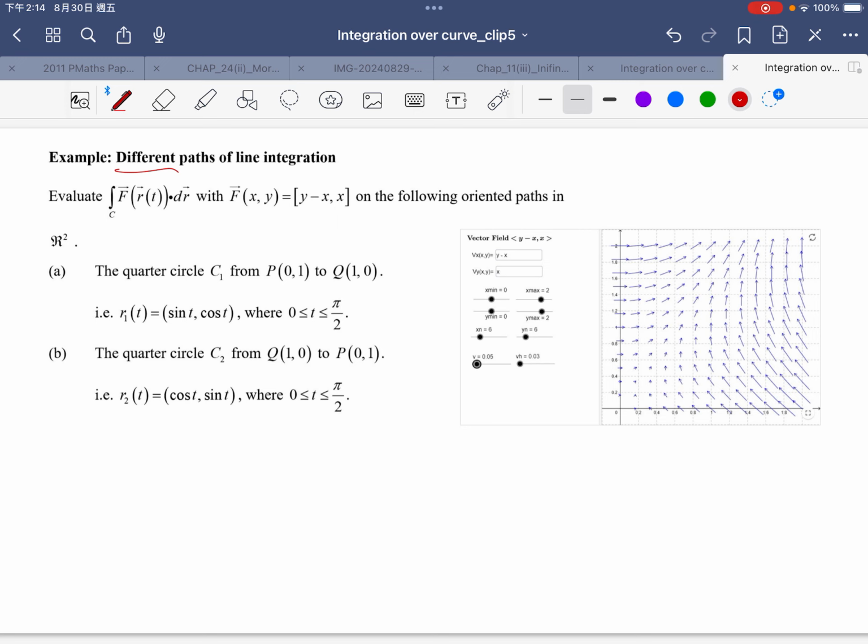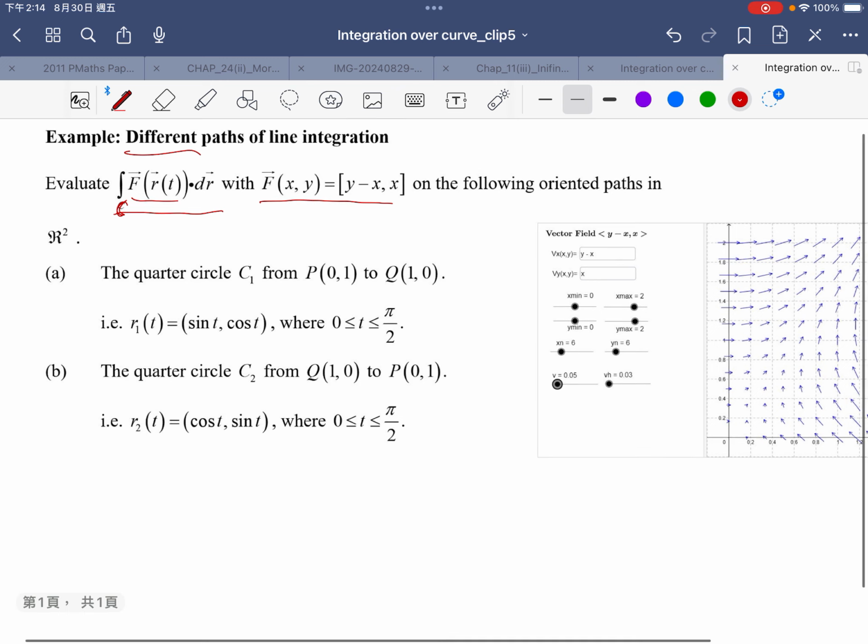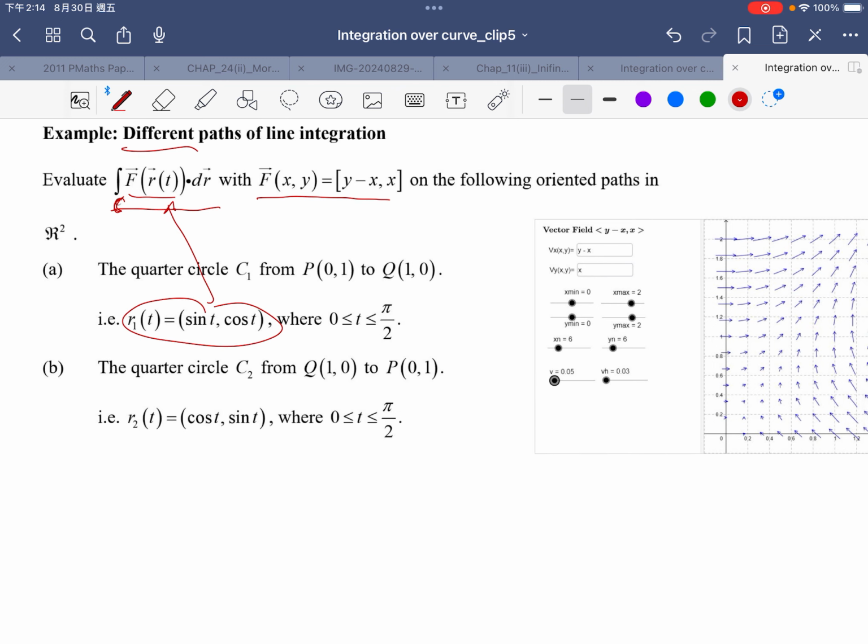This is an example about the line integral over a vector field. Here, this is a vector field. We call a line integral over a vector field the integral along the path: the curve put inside the vector field, times d, differentiating the path.